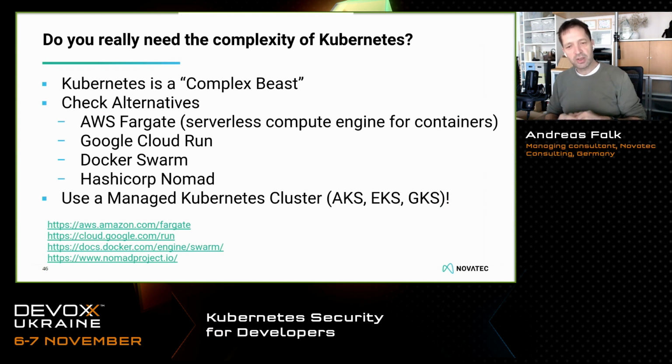And if you come to the point where you really need a Kubernetes cluster, then my second piece of advice is never run your own production cluster yourself on premise. Always try to use a managed Kubernetes cluster. There are really good ones available from Azure, AWS and Google, like AKS, EKS and GKE.